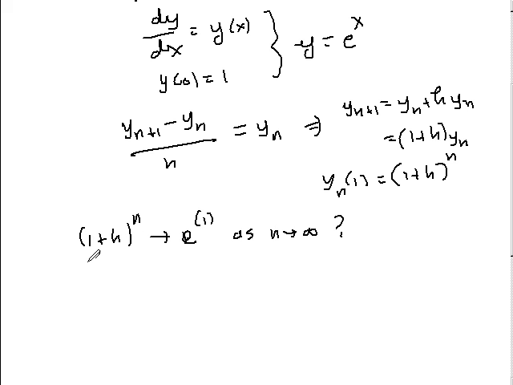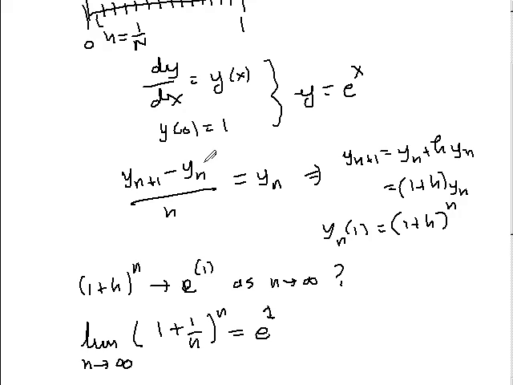Well, remember, as n goes to infinity, h is 1 over n. And in fact, you can show that the limit as n goes to infinity of 1 plus 1 over n raised to the n power is, in fact, e to the 1.